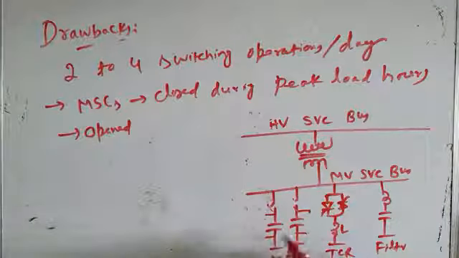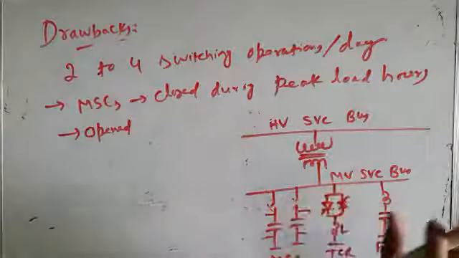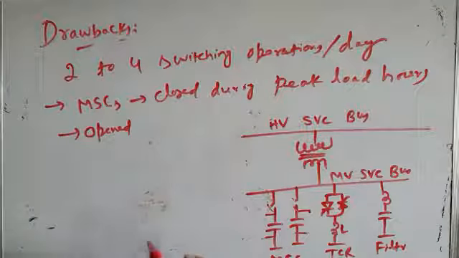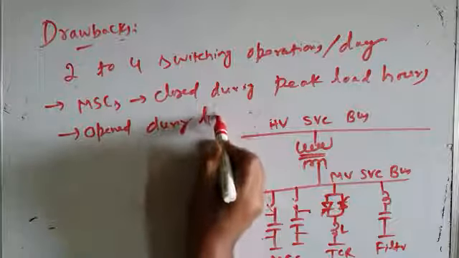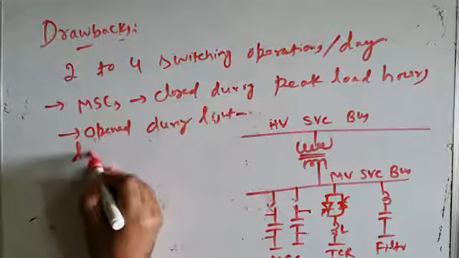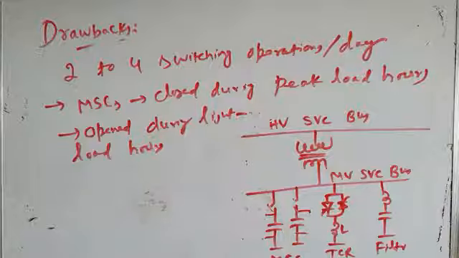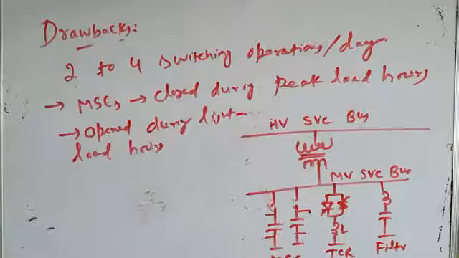During light load hours, you don't need any reactive power because most of the industrial load is switched off. So they are opened during light load hours. Where only 2 to 4 switching operations per day are required, we prefer this MSC, TCR type SVC because the number of switching operations is very limited.